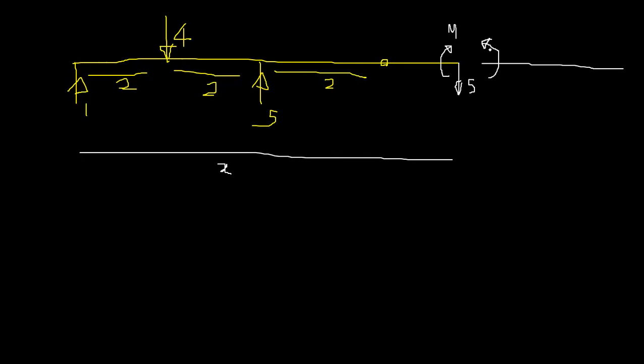For the left end, it's anti-clockwise, and right down, left up, right? So there's only this uniform loading and a load of how much? 2. Right. So you can easily write, right?